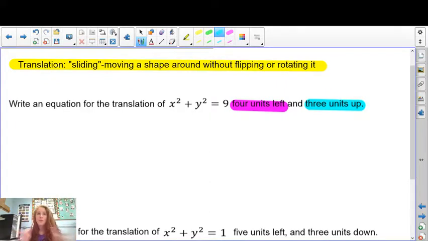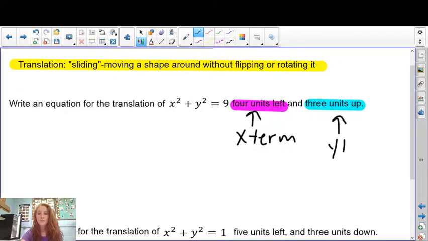Left and right horizontal shifts deal with my x, so it's going to be an x term. Up or down, that's going to deal with y. So 4 units to the left. Well, let's think. If I go to the left, am I getting more positive or more negative? Good, I'm getting more negative. So in my head, I'm going to think x minus 4.